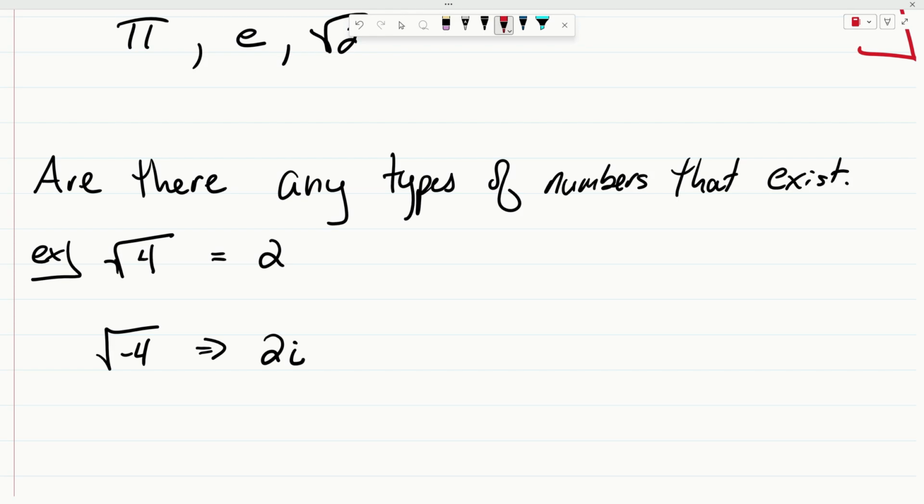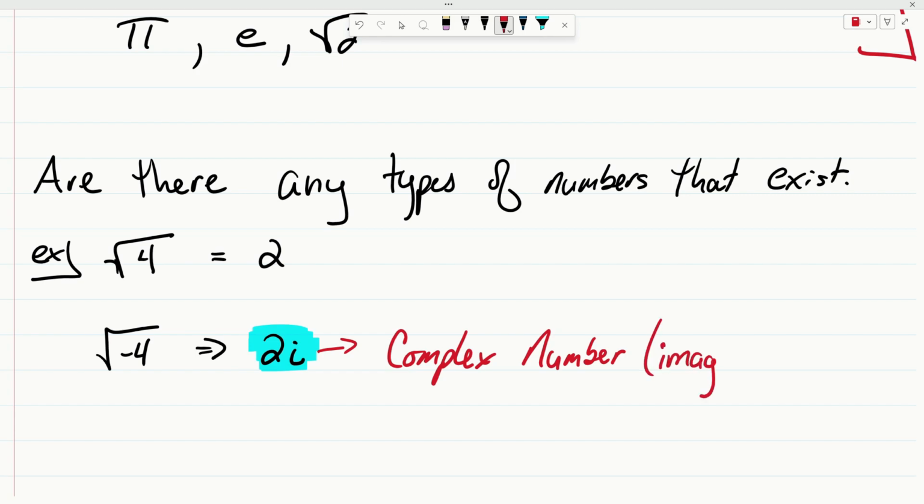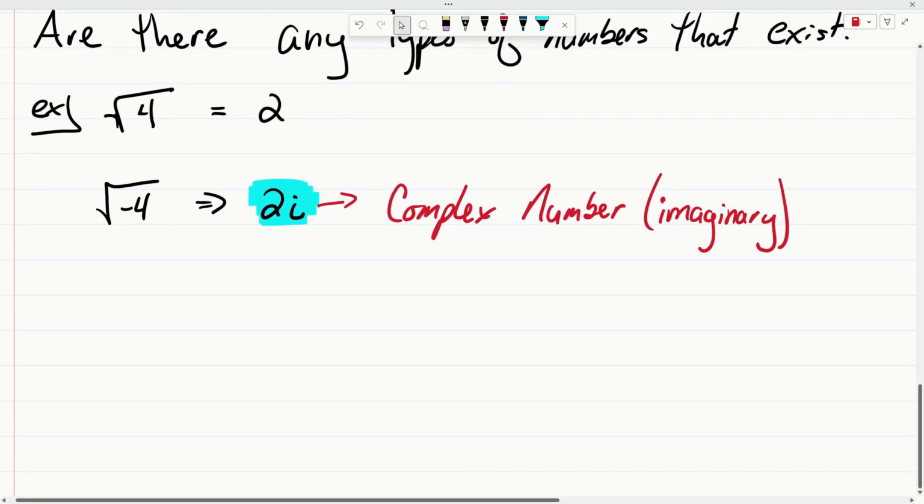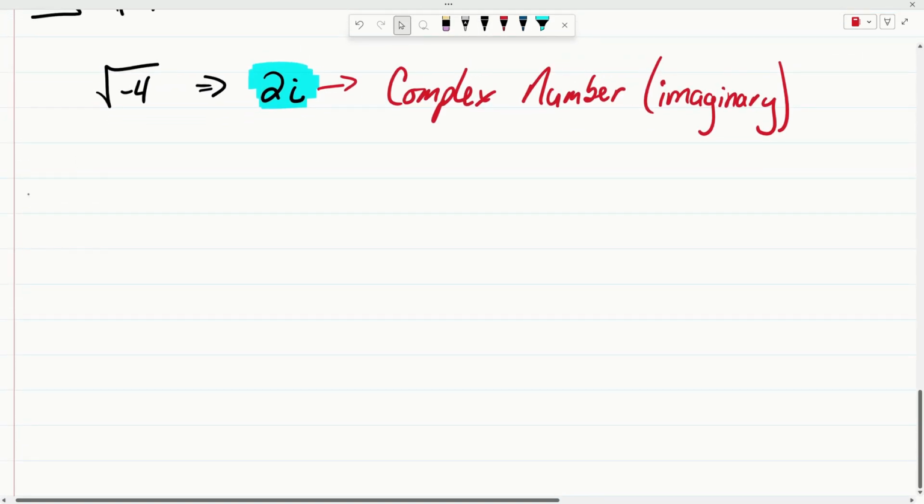And this, 2i, is what we call a complex number, all right? It is imaginary, all right? So if you want to think of it in terms of a picture, here's what we have.